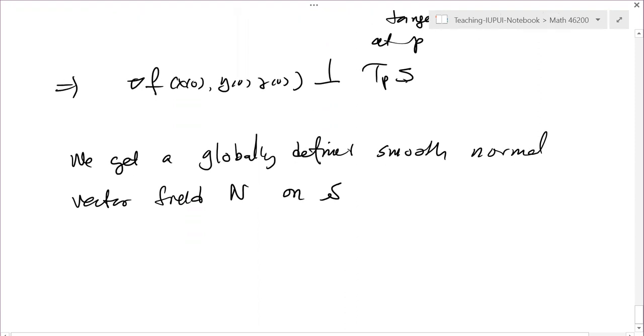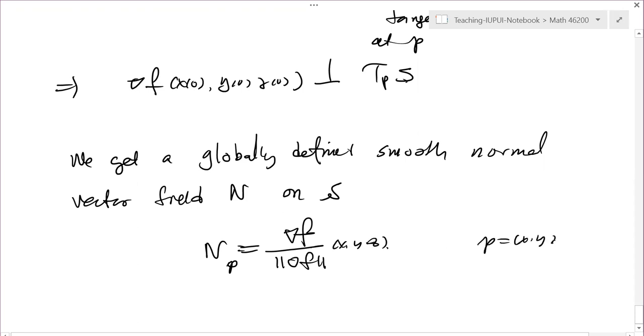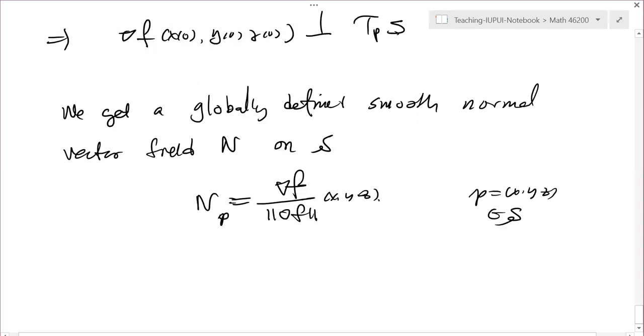Define it like this: at every point p, it is going to be the gradient of f evaluated at (x, y, z), where p is a point (x, y, z) on the surface. So smooth level surfaces are always oriented. Even if it has a singular point, remove the singular point, then you get an oriented surface, because away from that you can well define the normal vector field.